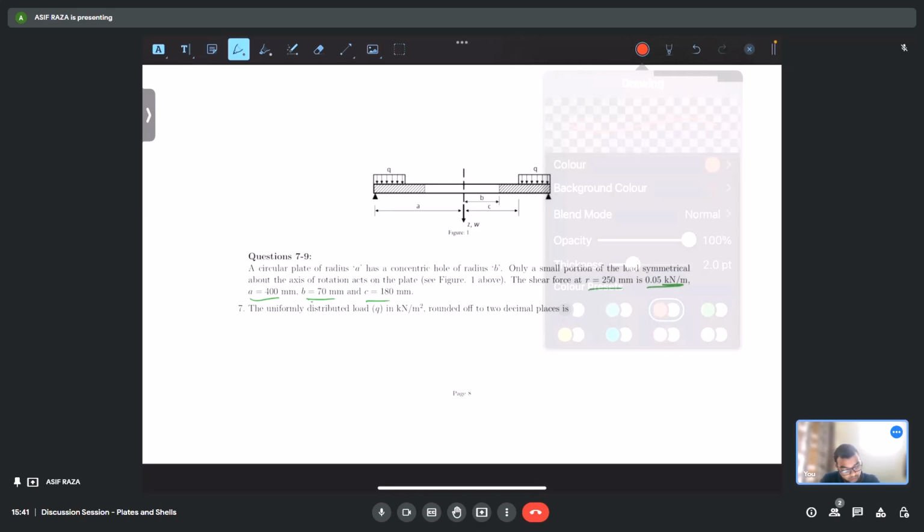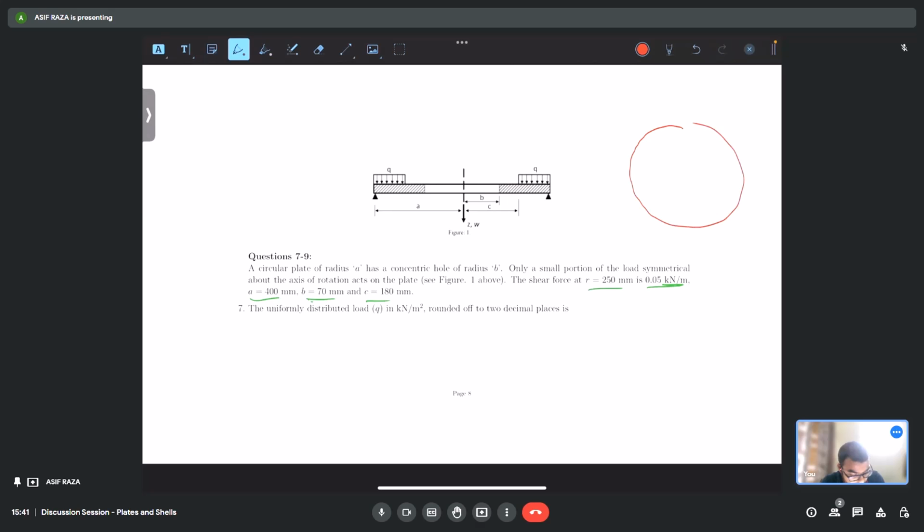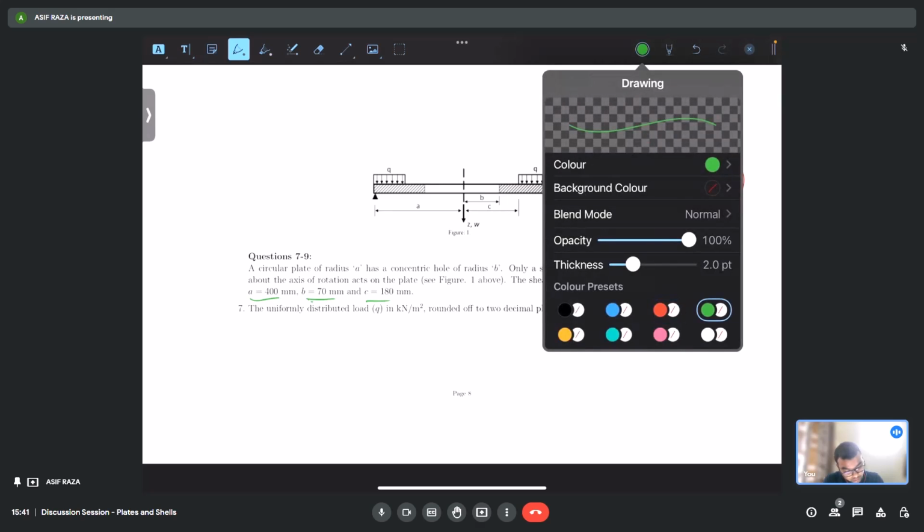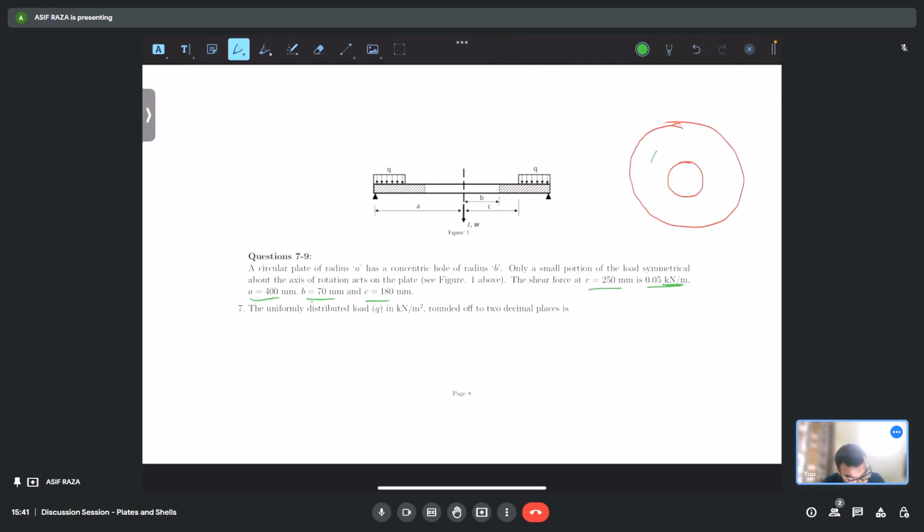So let me make the plan of this figure. It's like we have a radius A with a hole inside with a radius B, and the loading portion is this.